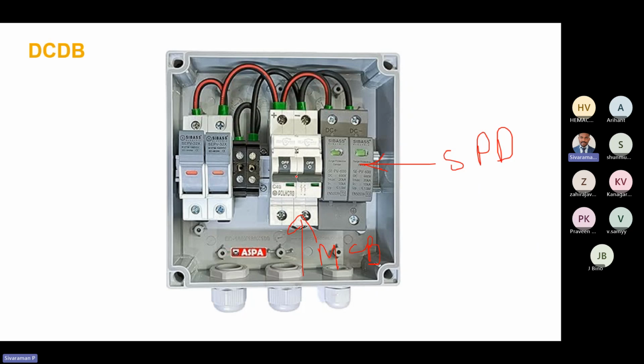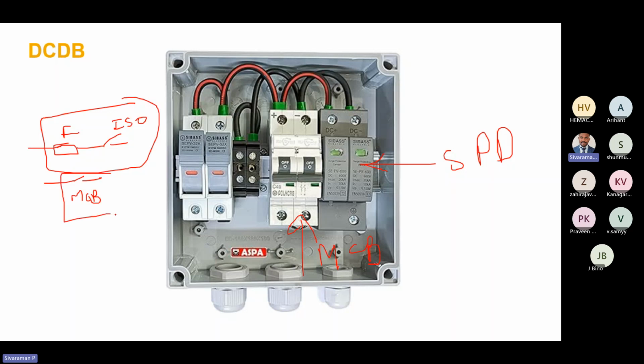Mostly isolator and fuse: if a fuse is there, then an isolator is needed to isolate. This will be the fuse, this will be an isolator. Suppose in place of this we are using an MCB, we get the combined function of protection as well as isolation through this MCB.